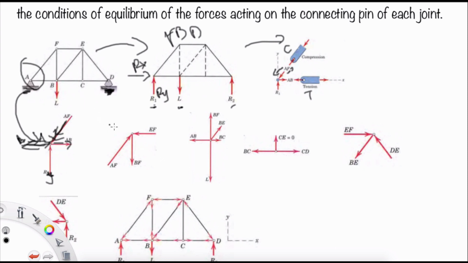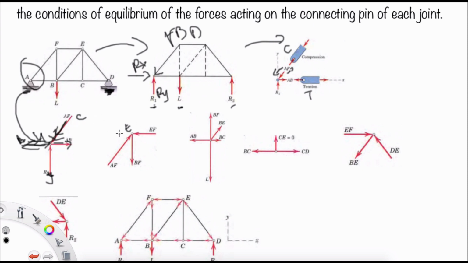And then second, we are moving to the next joint. There we have the information of the EF. The EF here is in compression.